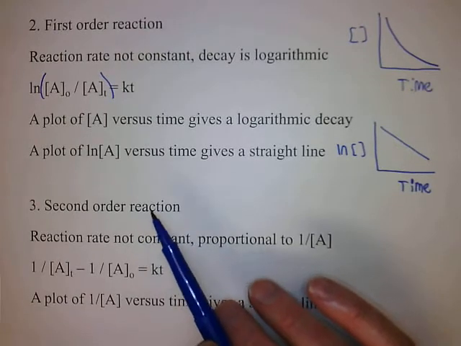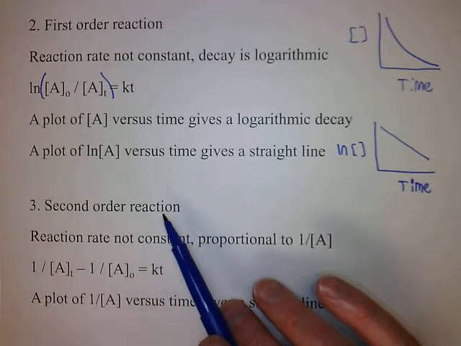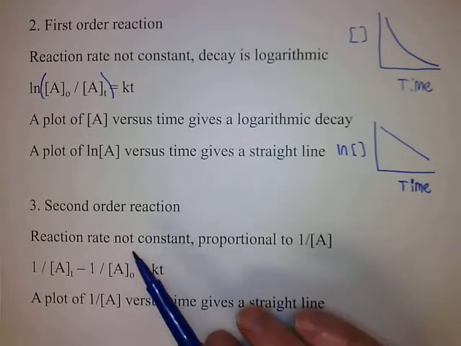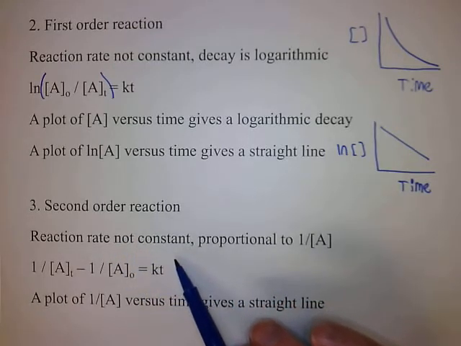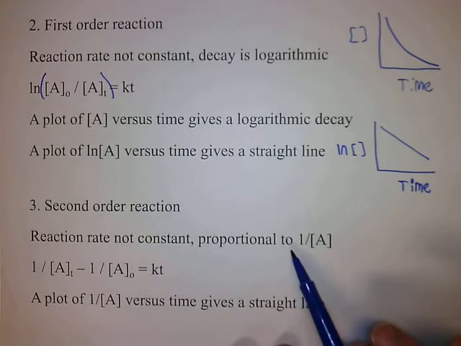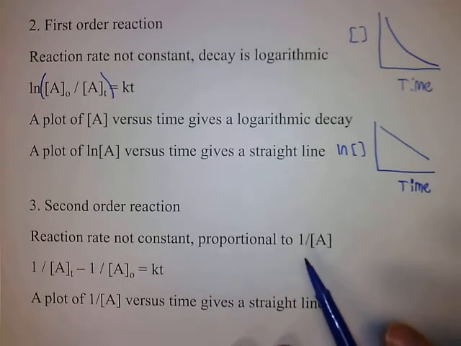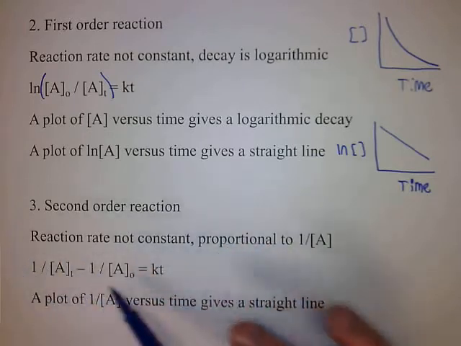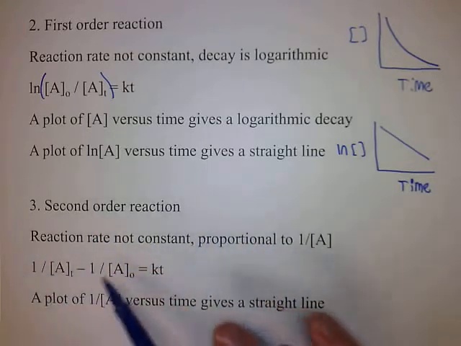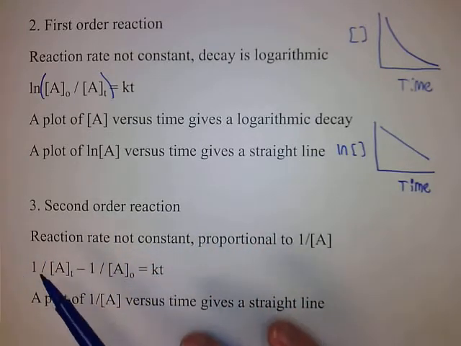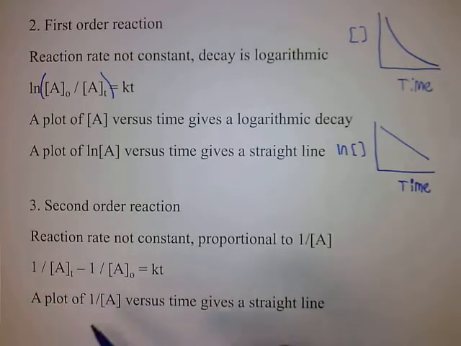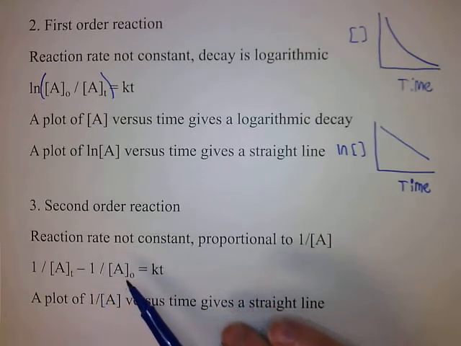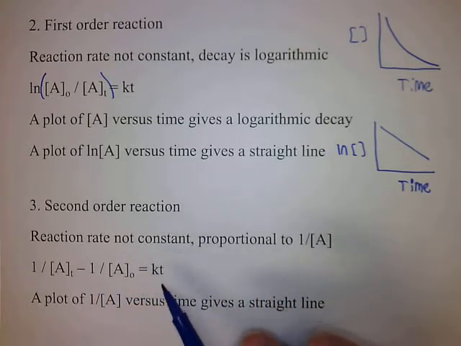Okay. Now, what if you have a second order reaction? Well, again, the reaction rate is not constant, but it's going to be proportional to 1 over the concentration. And second order kinetics is going to follow this equation, that 1 over the concentration at time t minus 1 over the initial concentration is equal to kt.